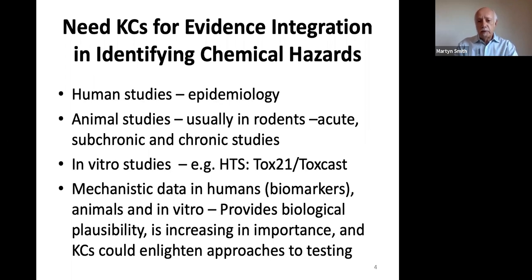We have an increasing amount of high-throughput screening approaches in vitro providing information, and also biomarkers in humans. So this mechanistic data is becoming increasingly important as a stream of evidence in identifying chemical hazards.